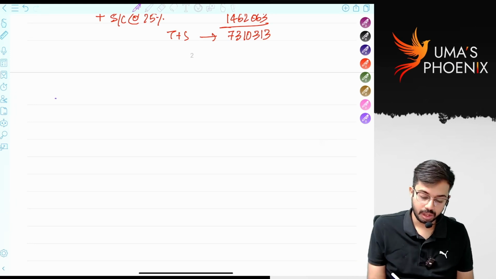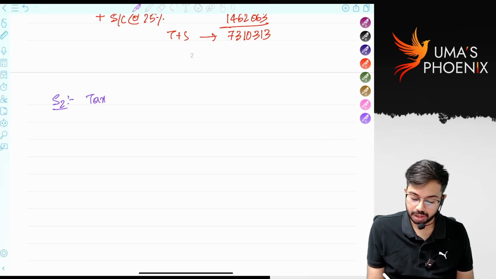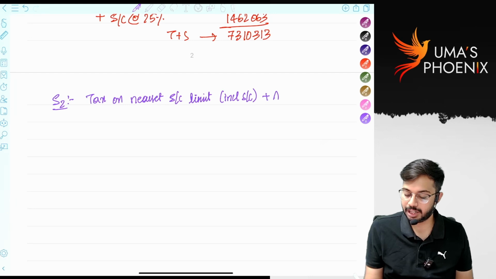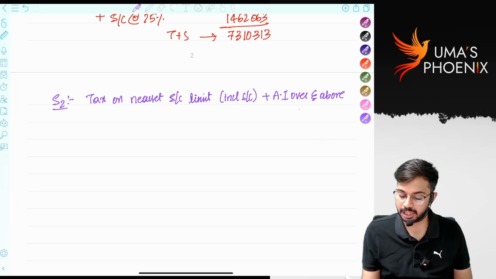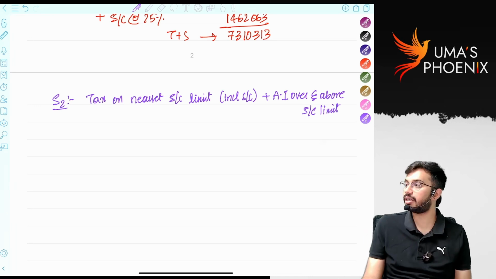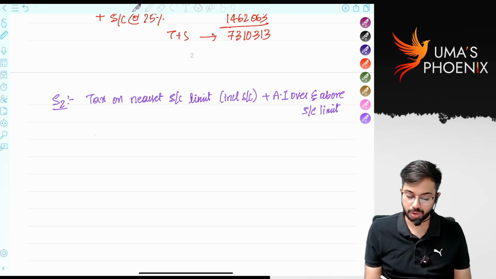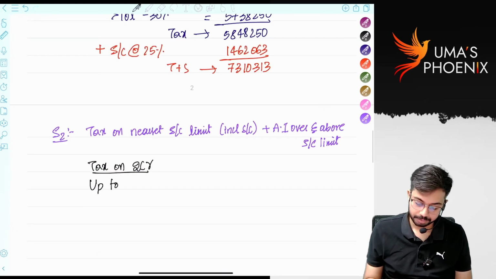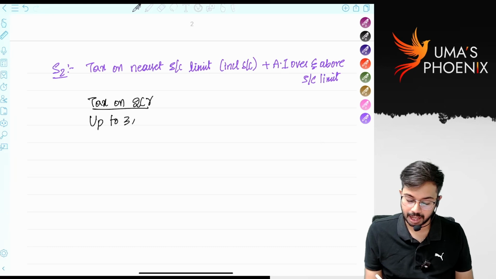Good. Step 2. Tax on nearest surcharge limit including surcharge plus additional income over and above the surcharge limit. That means additional income over and above 2 crores, right? Am I correct? So nearest surcharge limit is 2 crores. Tax on 2 crores, how much? Up to 3 lakhs tax amount is nil.